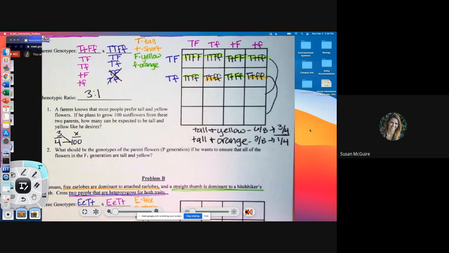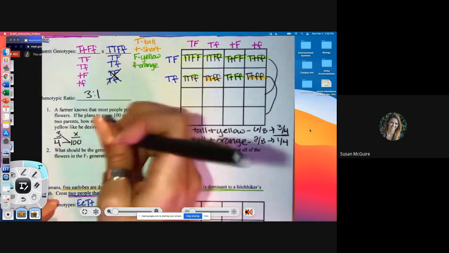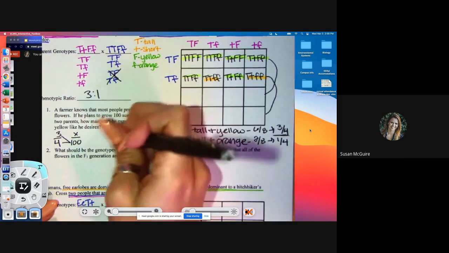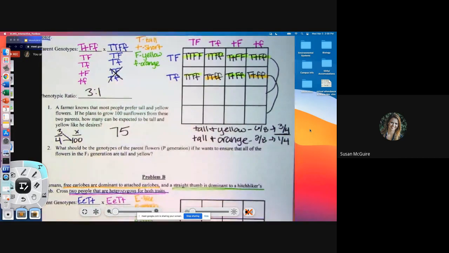So 3 times 100 is 300, divided by 4 is 75. Oh, man. I was doing it wrong. So if he planted 100 flowers, he should expect 75 to be tall and yellow.